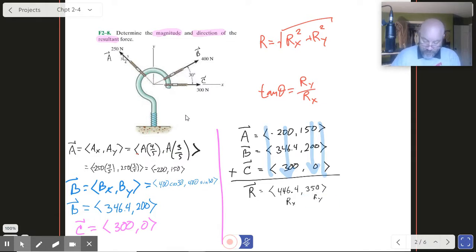So we can come up here, and when you put in your numbers for Rx, I'm not going to burn up space on that one. But when you plug in your Rx and Ry, what you're going to end up getting is 567.3. And down here, once you do your inverse tangent, you're going to get 38.1 degrees.